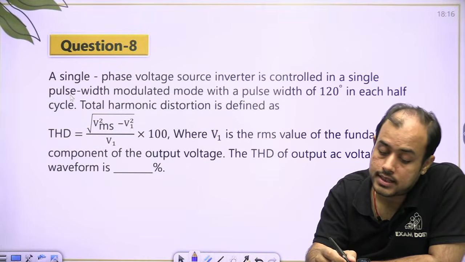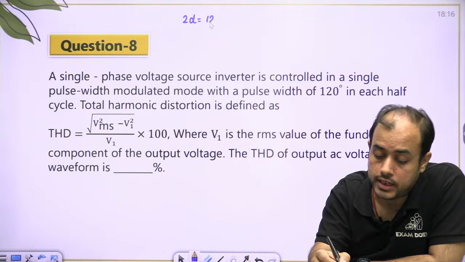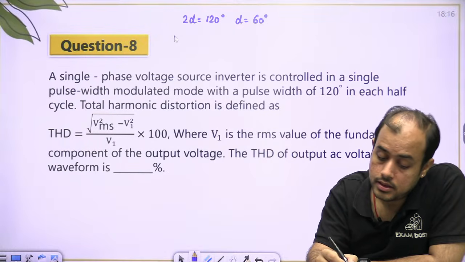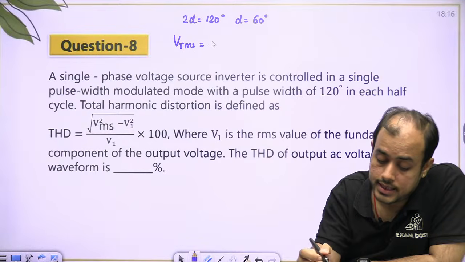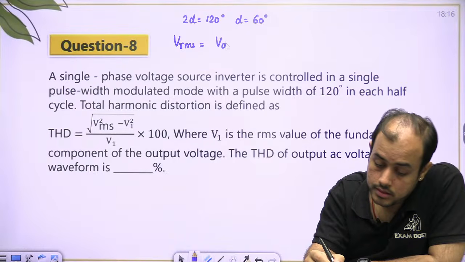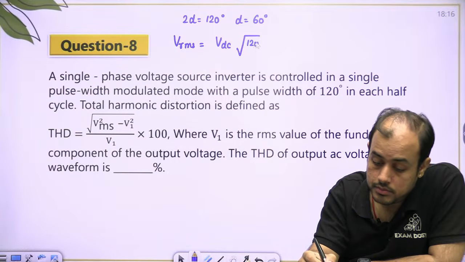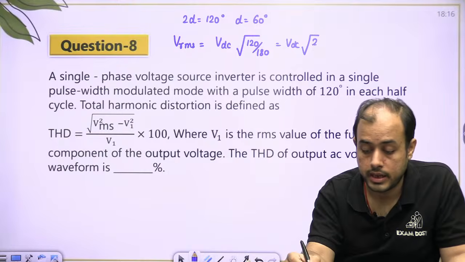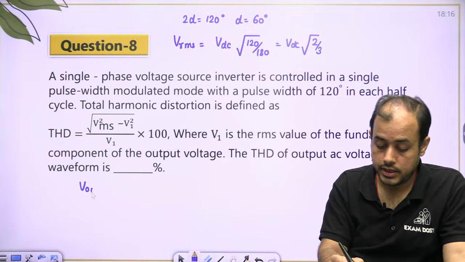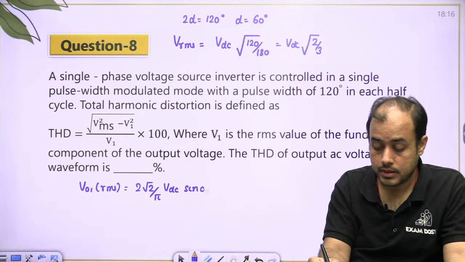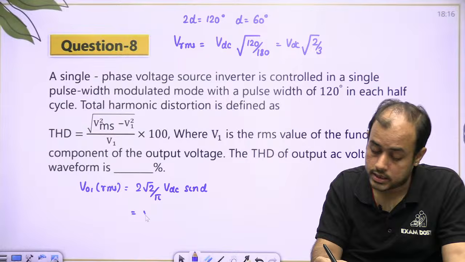Now, it is giving us a single pulse modulation with the pulse width of 120 degree, which means D is 60 degree. So, it is asking the THD. So, VRMS is VDC root 2 by 3. V01 RMS 2 root 2 by pi VDC sin D. D is 60, sin 60 root 3 by 2.